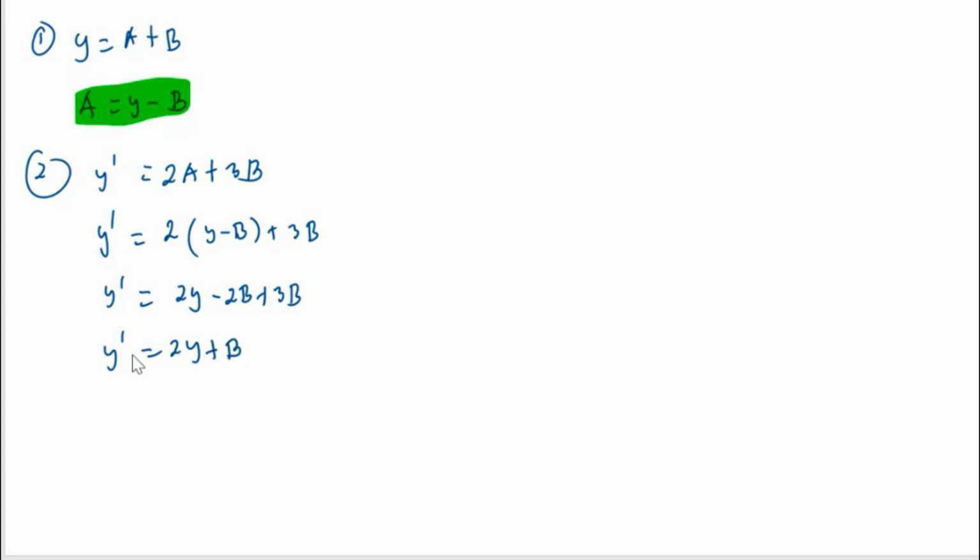So we have now y prime is defined as 2y plus b. Now we have one variable, one arbitrary constant, which is b, so we are going to solve for b. Therefore, b is equal to, transposing the 2y, y prime minus 2y.